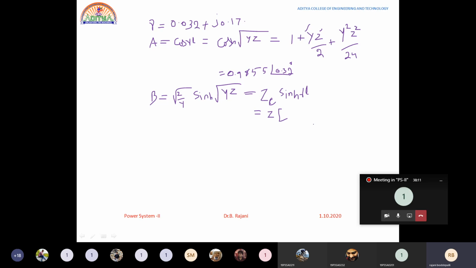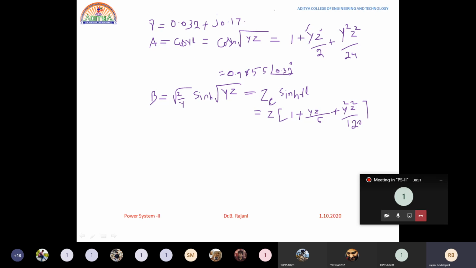Root over Z by Y sinh root YZ can be simplified as 1 plus YZ by 6 plus Y square Z square by 120, plus so on. We are bothered about the first two terms only. We don't bother about the remaining ones.